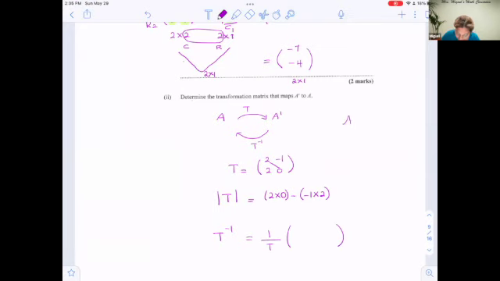If the matrix is A, B, C, D, we switch positions of D and A and take the negative of B and the negative of C. So work it out. Find the determinant, switch places of D and A, and take the negative of B and C. So the transformation that maps the image back to the object is indeed the inverse.